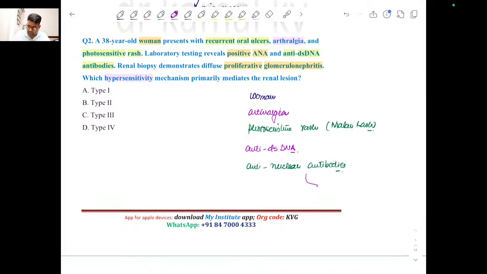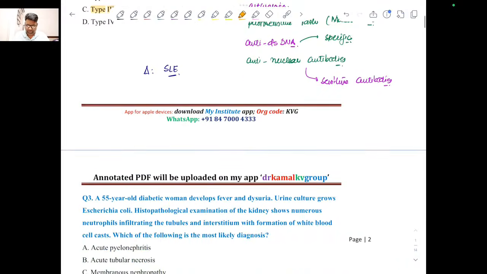This is one of the most sensitive antibodies, and anti-double-stranded is also specific and correlates with disease activity. This is classically a case of SLE, and this is lupus nephritis. Clear? Everyone can answer this. SLE is type 3, very good. This is immune complex deposition. So this is how you should approach this question.